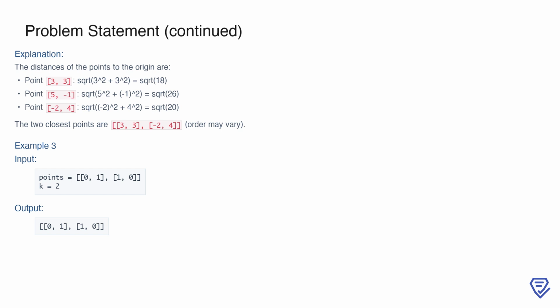Finally, the point (-2, 4) has a distance of sqrt((-2)^2 plus 4^2), which equals sqrt(20). Among these, the two smallest distances are sqrt(18) and sqrt(20), corresponding to the points (3, 3) and (-2, 4). Thus, the output is (3, 3), (-2, 4), and the order of the points can vary.